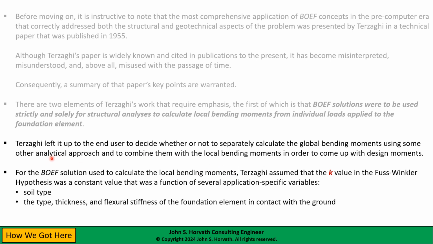Soil type, the type, thickness, and flexural stiffness of the foundation element, and the type, magnitude, and spacing of the loads applied to the foundation element. So although Terzaghi used a constant value for K, which he had to in the pre-computer era, it was not a function of soil type alone. It was a function of other application-specific variables.